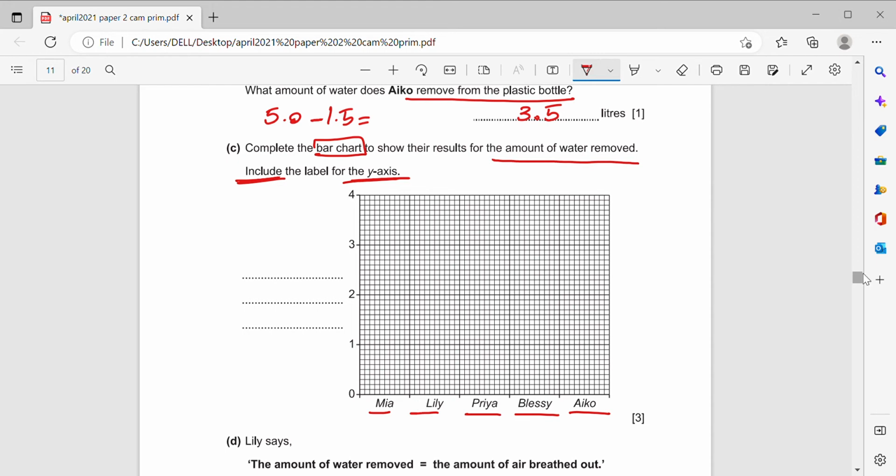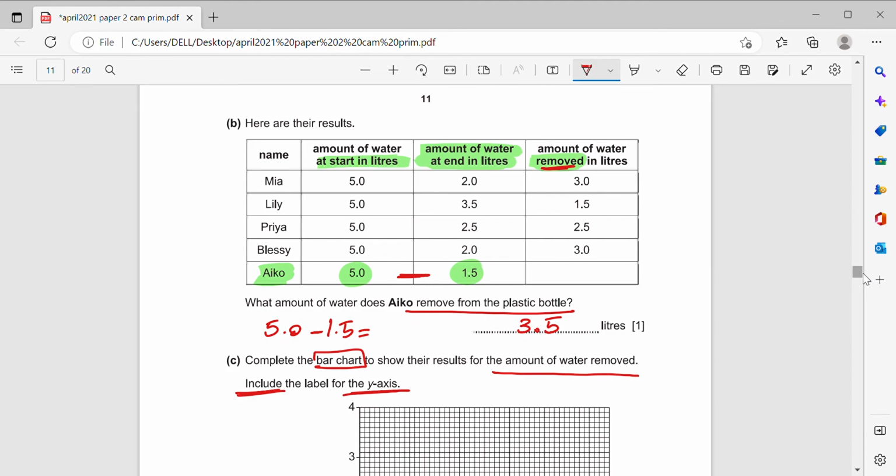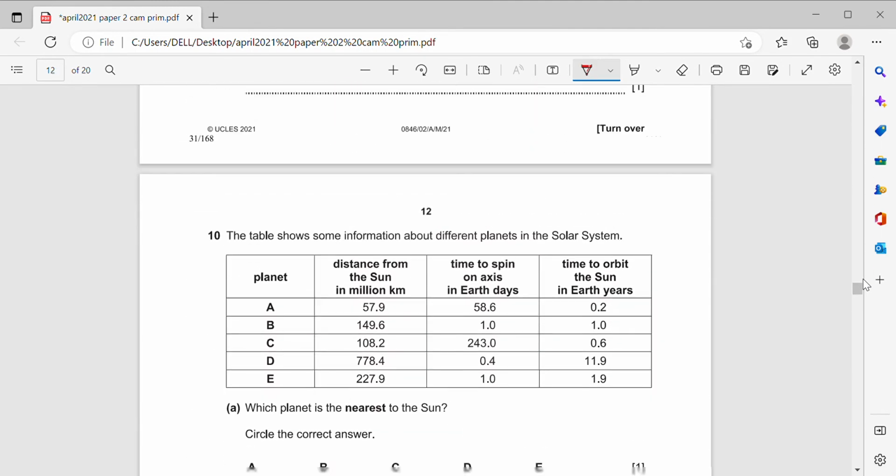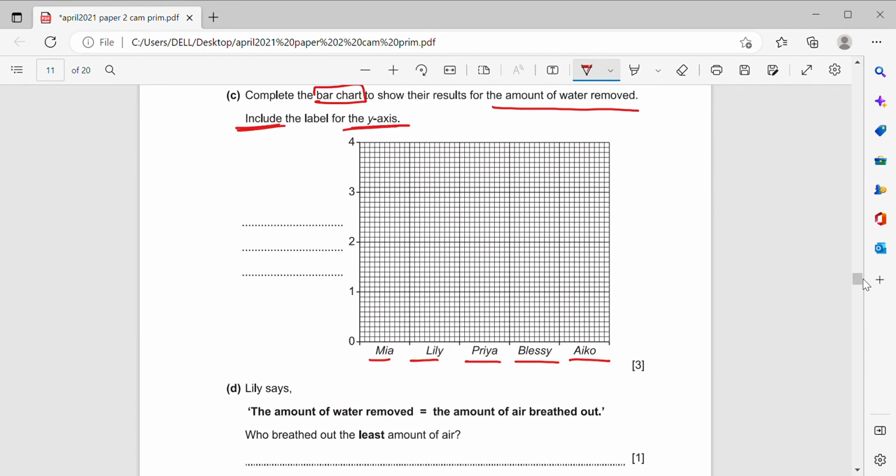In liters. يبقى عندي bar chart هنعمله، يبقى عندي amount of water removed in liters.